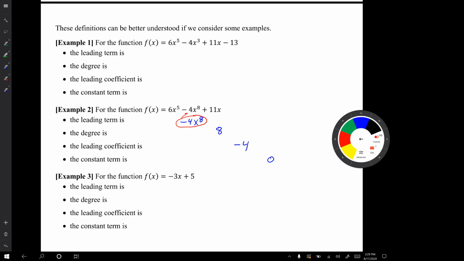It's the term that has the highest power. And also notice that the constant term can be the number 0. That is, if there is no constant sitting out here, that's the same as saying plus 0. So the constant term can be the number 0.